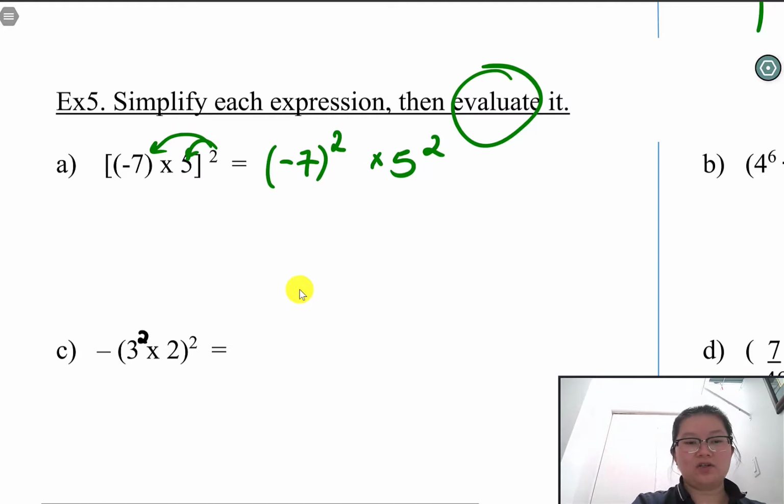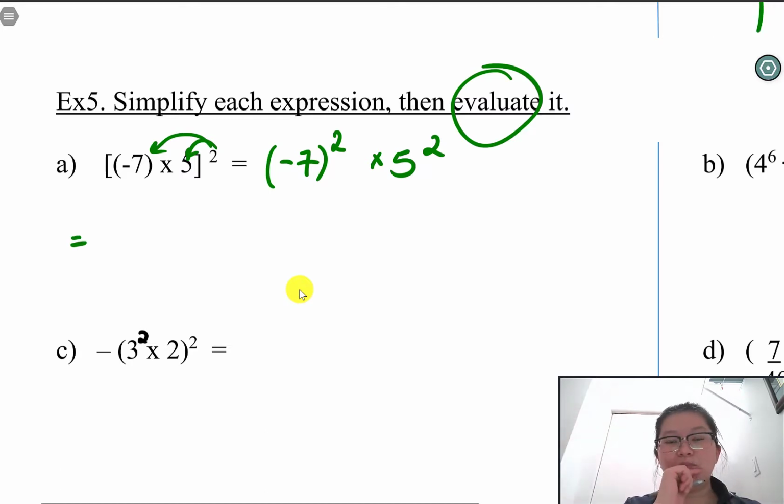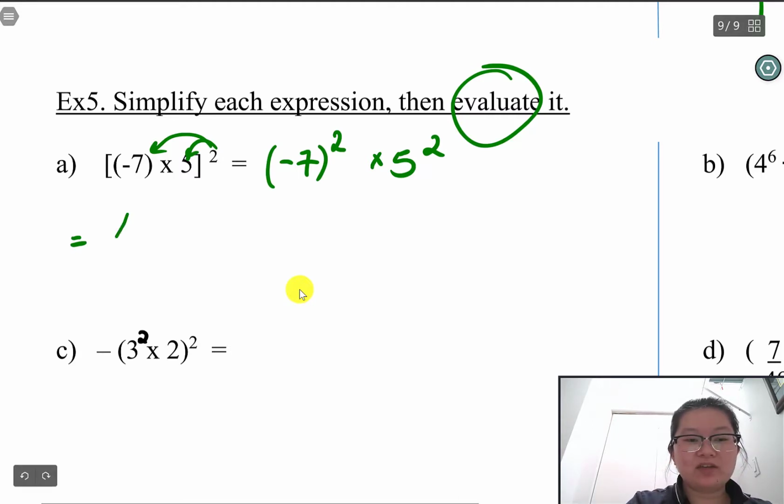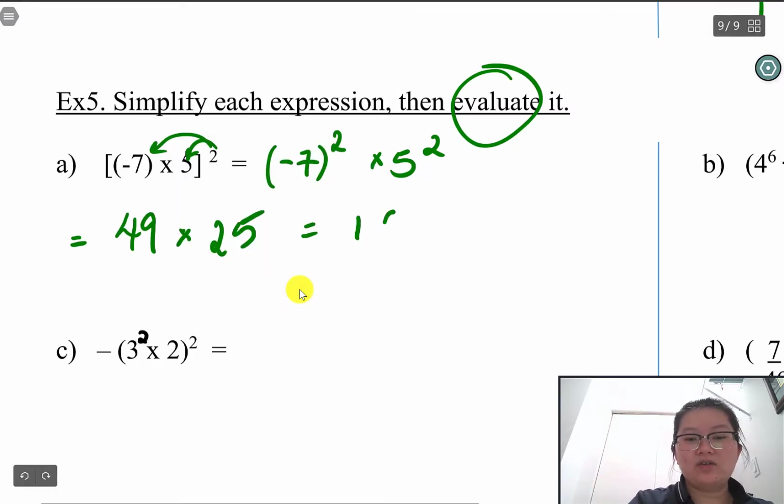Then after we applied our exponent law, we can put stuff in our calculator. So -7 to the power 2 is 49, and multiplied by 5 to the power 2, which is 25. So that's 49 times 25, 1225. There we go.